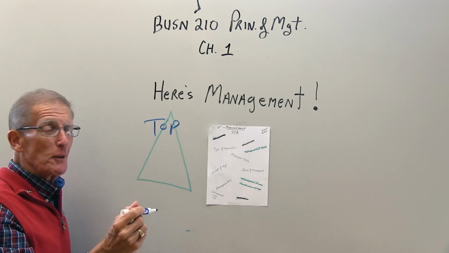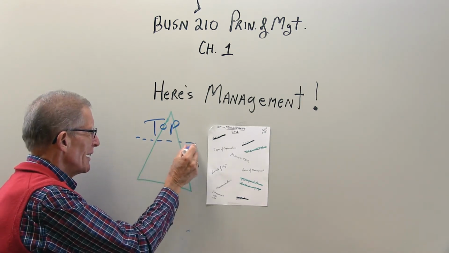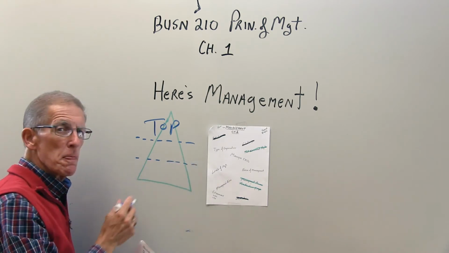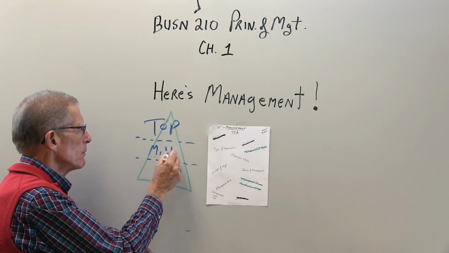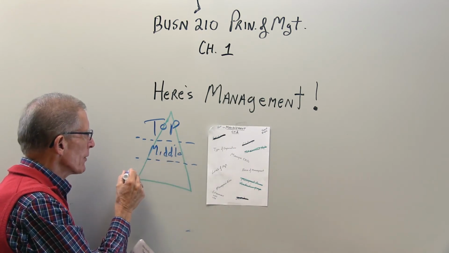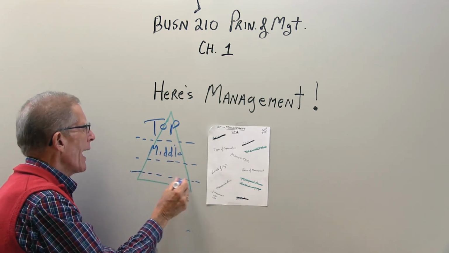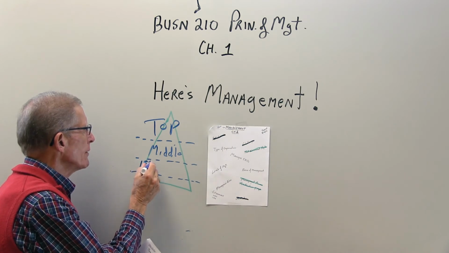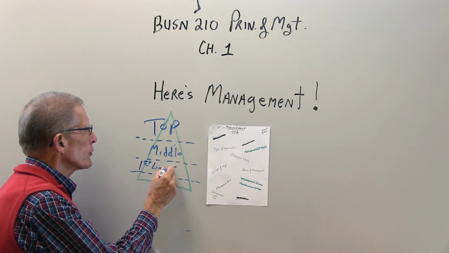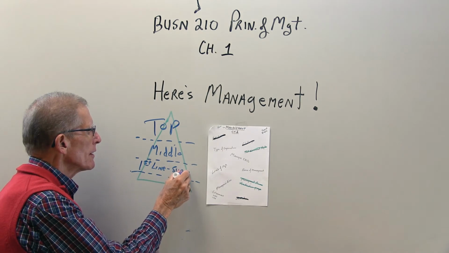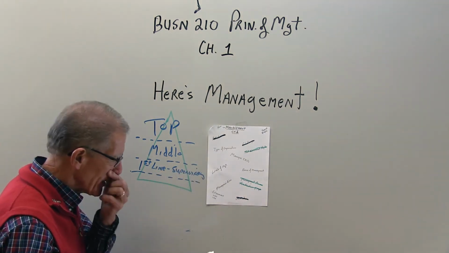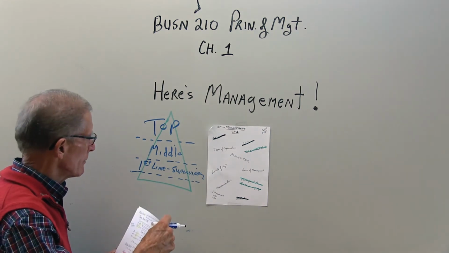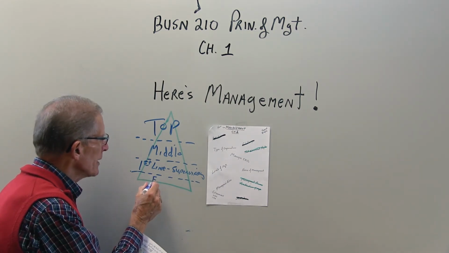Pretty complicated, huh? What do you think you'd call this in here? Middle? Me too. And then down here, this level, I would call first line or supervisory management. And then you have employees.